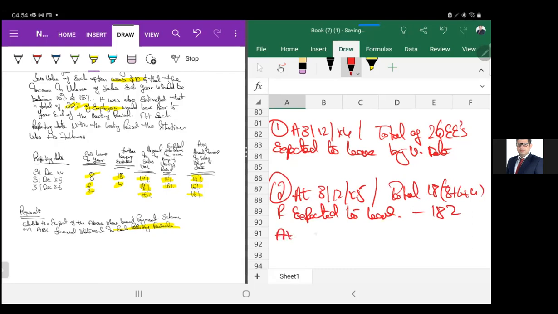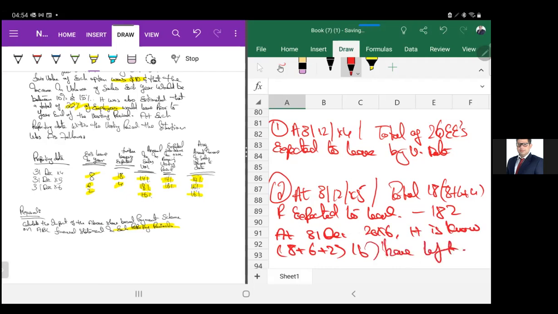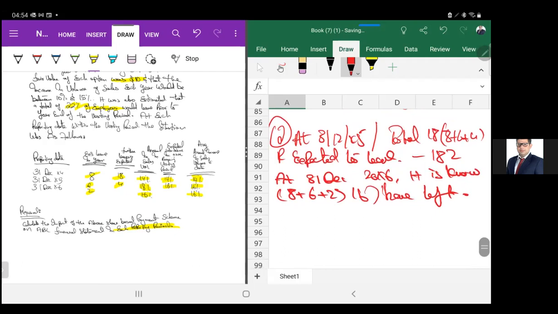at 31st December 2006, now it is known 8 plus 6 plus 2, 16 have left during the vesting period. Eligible employees are now 184.